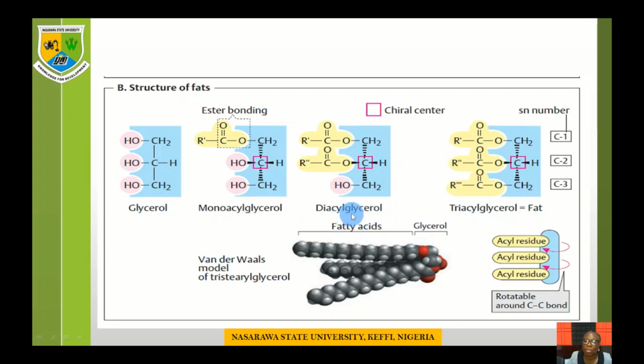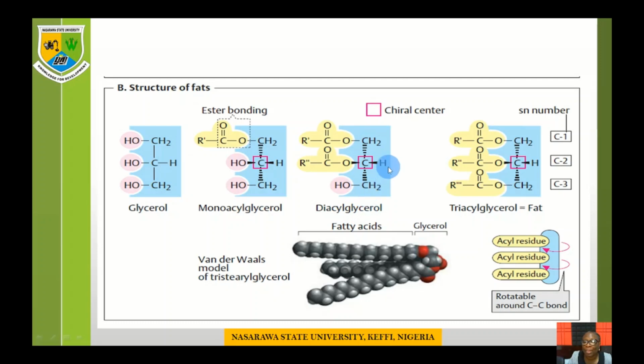The second one is a diacyl glycerol. You can see that you have 2 fatty acids being esterified at position 1 and at position 2. It's called a diacyl glycerol. And this carbon 2 here is a chiral center. A chiral center is a carbon that is attached to 4 different compounds.